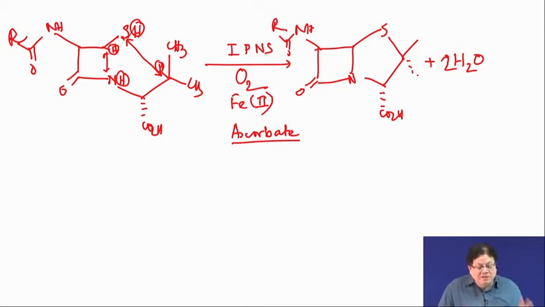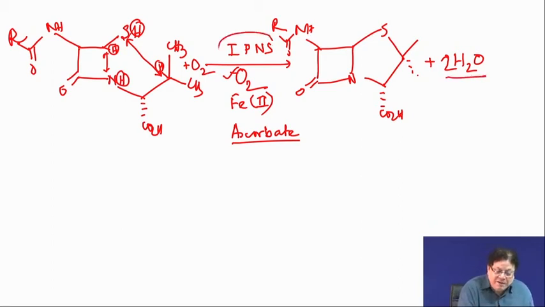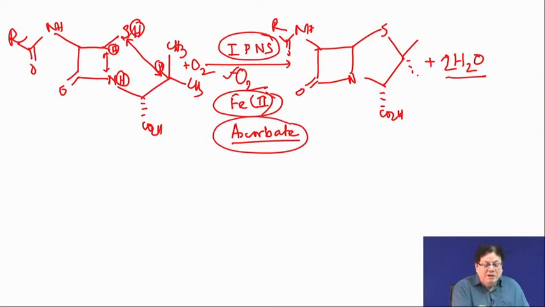So, these are the things that are required. That means, oxygen is a co-substrate that is converted to water, IPNS is the enzyme, ferrous is the cofactor, okay, and ascorbate's function is to keep the ferrous iron in the +2 state. So, this is the reaction.